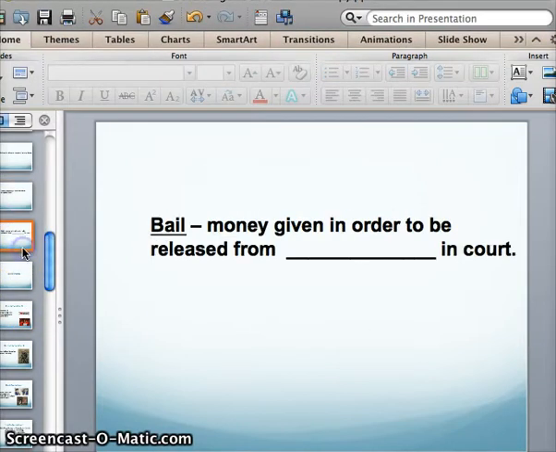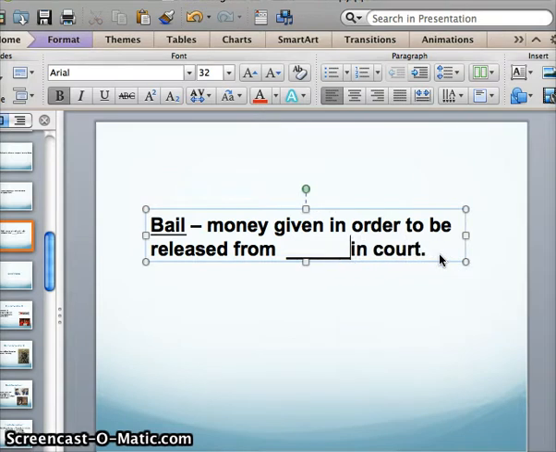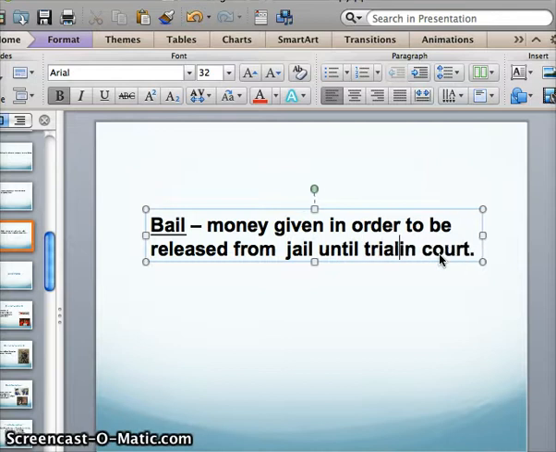The next vocabulary word is bail. Bail is money given in order to be released from jail until trial in court.